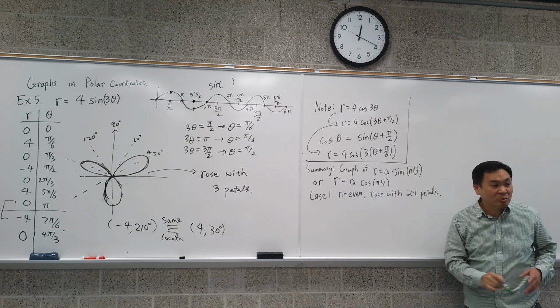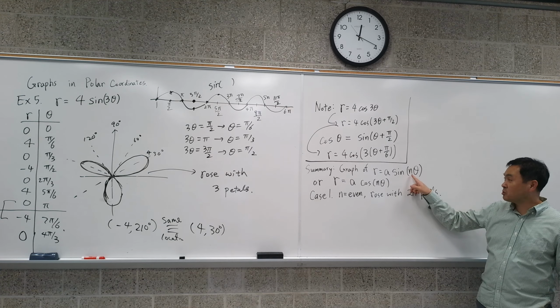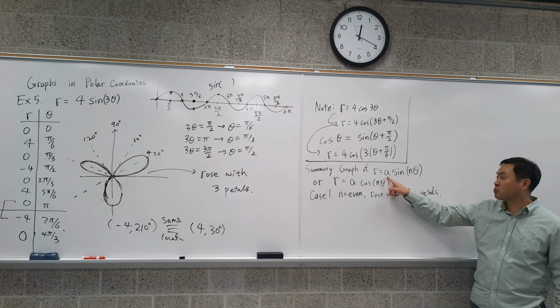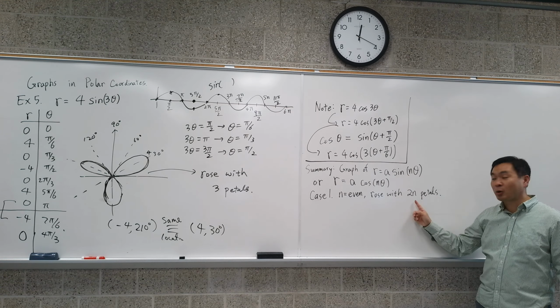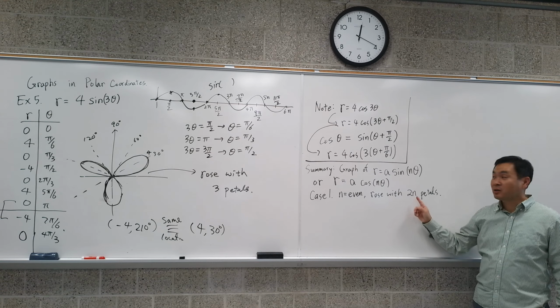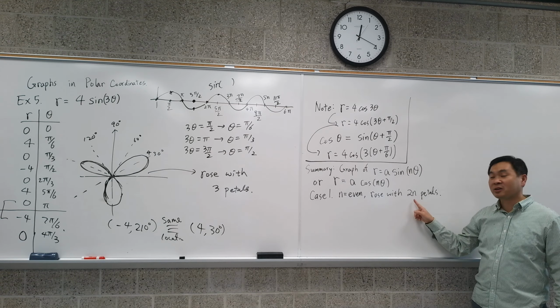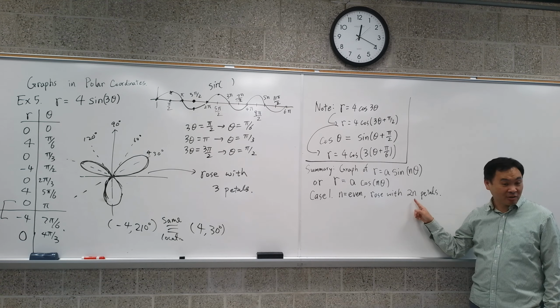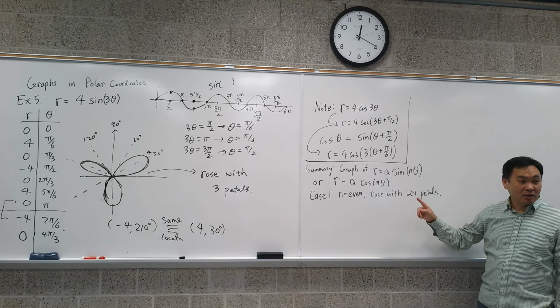So you remember the previous example before this, which was that when we drew the graph of r equals to 4 sine 2 theta, when n was 2, we had 4 petals, right? So if I make this into sine of 4 theta, then you're going to get a rose with 8 petals, and so on and so on. Okay? So the number of petals will be doubled if n is even.